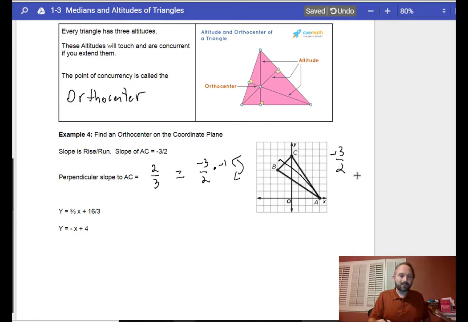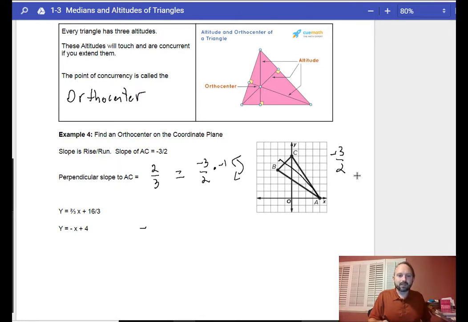What you have to do after you figure out the equations of your altitudes is you have to do a system of equations. And I can tell you for a fact that systems of equations weren't really covered last year. So pretty much you have this, and then there are several different ways for you to solve it. You just combine the two.